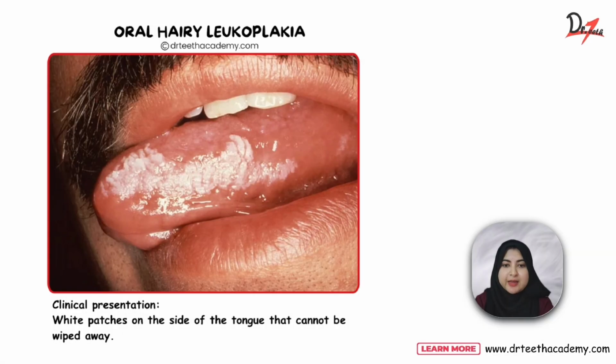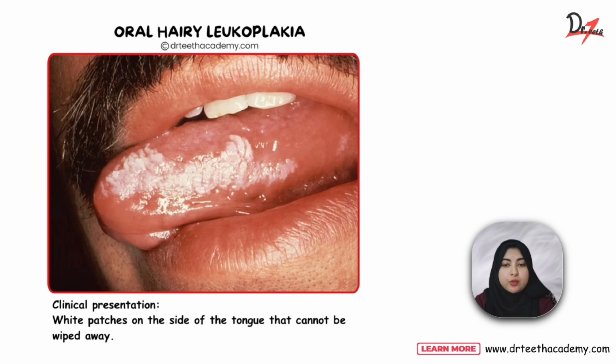Option A is Epstein-Barr virus. The Epstein-Barr virus is also referred to as human herpes virus 4, HHV4. It is a type of herpes virus that specifically targets B lymphocytes. This virus does not cause any warty lesion, but it causes something we call oral hairy leukoplakia.